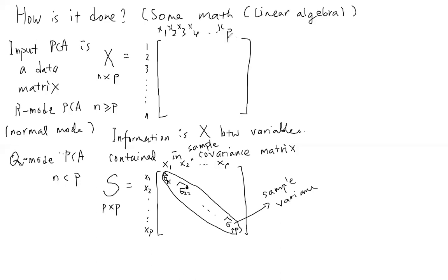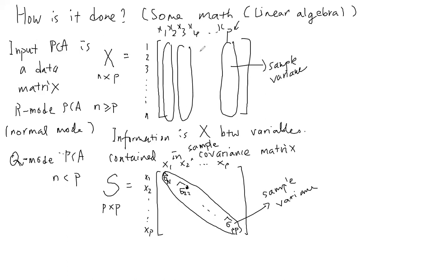For this variable x, you'll find the sample variance of all the numbers here. So the diagonal is basically just the sample variances of the columns.